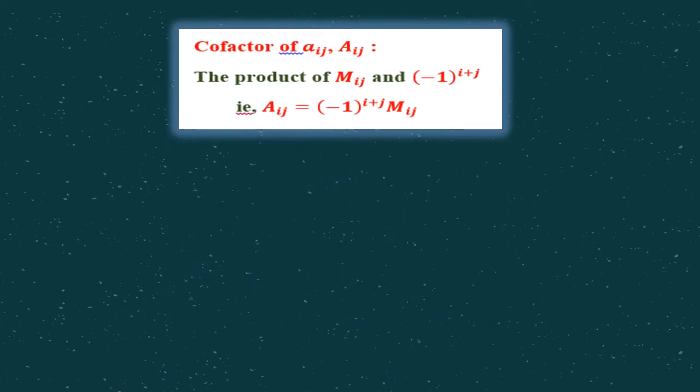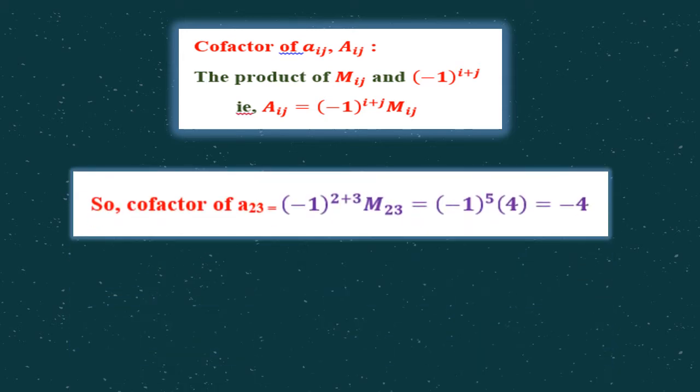Now the cofactor of small aij. It is represented by capital Aij. Please don't confuse. Minor is represented by capital Mij, cofactor by capital Aij. The cofactor of an element is the product of the minor of the particular element and minus 1 power i plus j, that is the sum of the row value and column value. Simply saying, capital Aij equals minus 1 power i plus j into capital Mij.